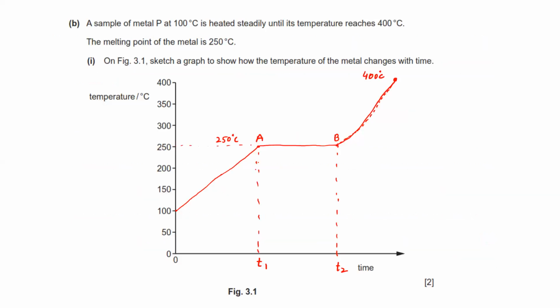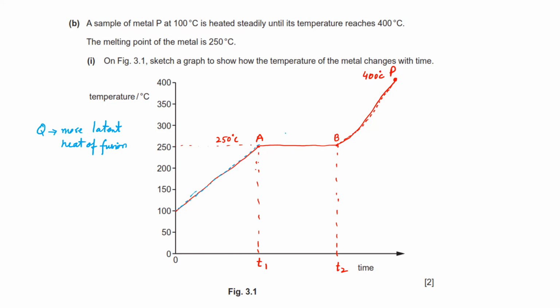So let's draw the graph. I'm drawing the graph in blue. This is my sample P. And now I am drawing Q. Q has more latent heat of fusion. Rest everything is the same. So the graph will be the same till it reaches 250.